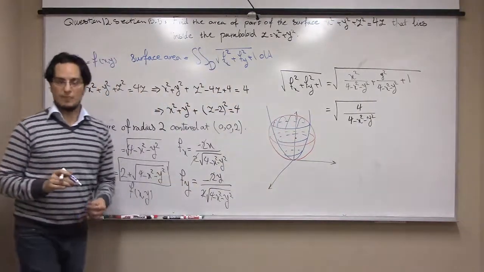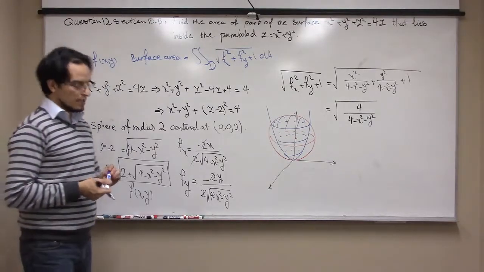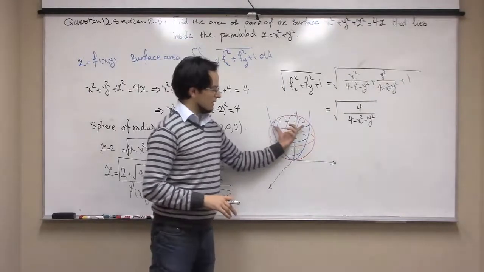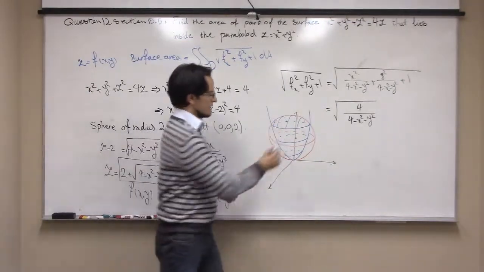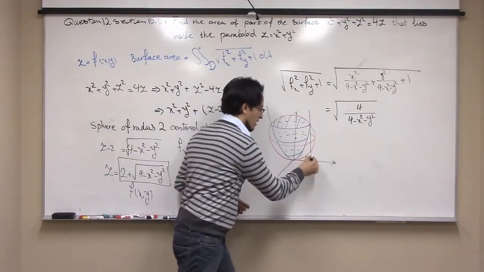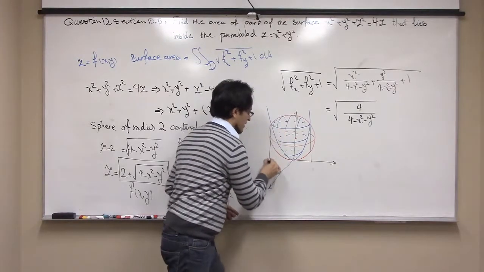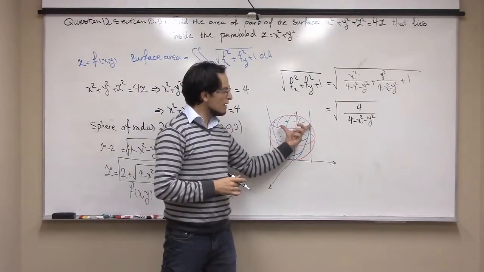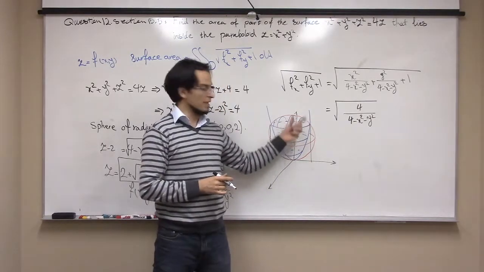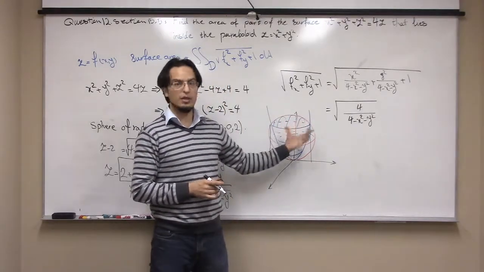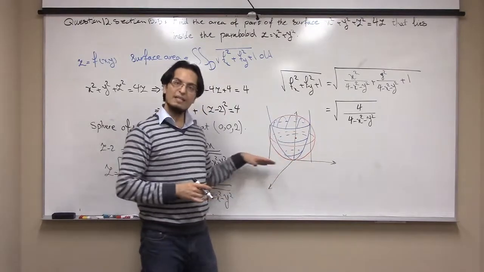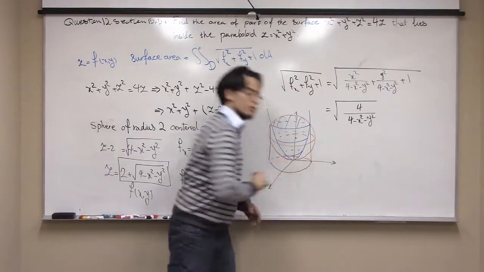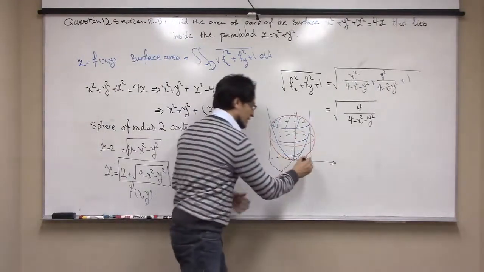Now you ask, what is the region on which I have to take the integral? The region is the shadow of this part of the surface, which is bounded by where the paraboloid and sphere intersect, and everything inside. If you find the intersection, it is going to be a circle, and the region is everything inside that.